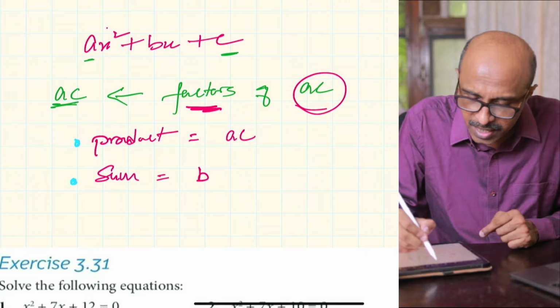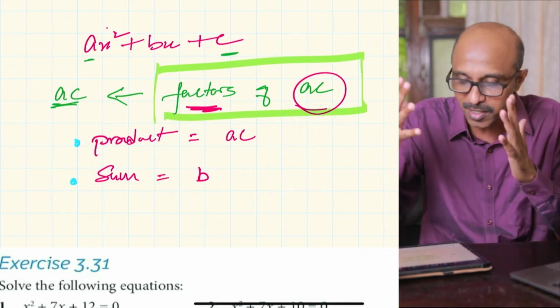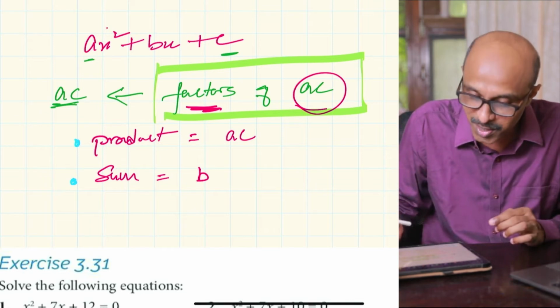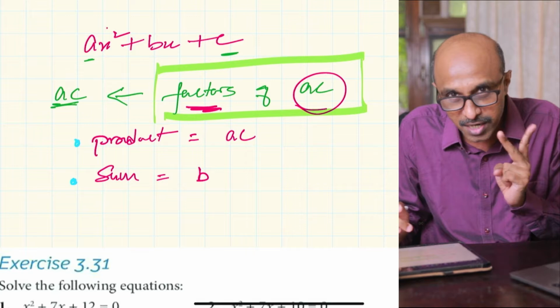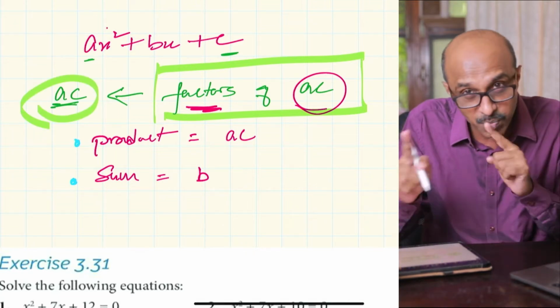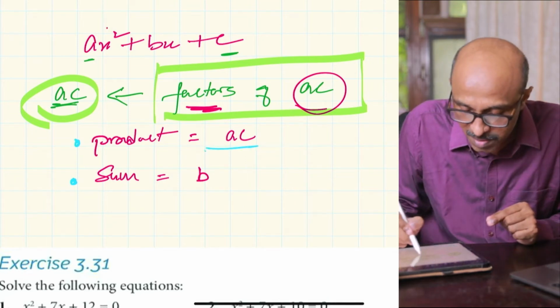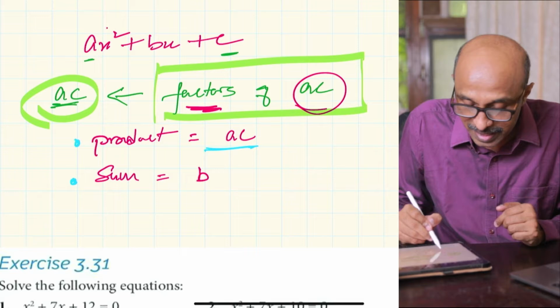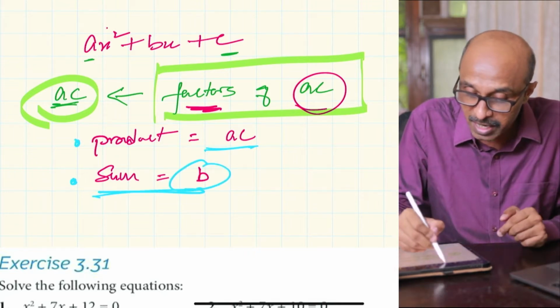So the basic challenge, the basic purpose, the basic secret, or the basic essence, whatever word you choose to use, in the method of factoring quadratic expressions is to find these two special numbers, which are factors of ac. So first you need to multiply ac. Their product is going to be ac because they're factors of ac, and their sum will be b with the correct sign. That is going to be the big task.